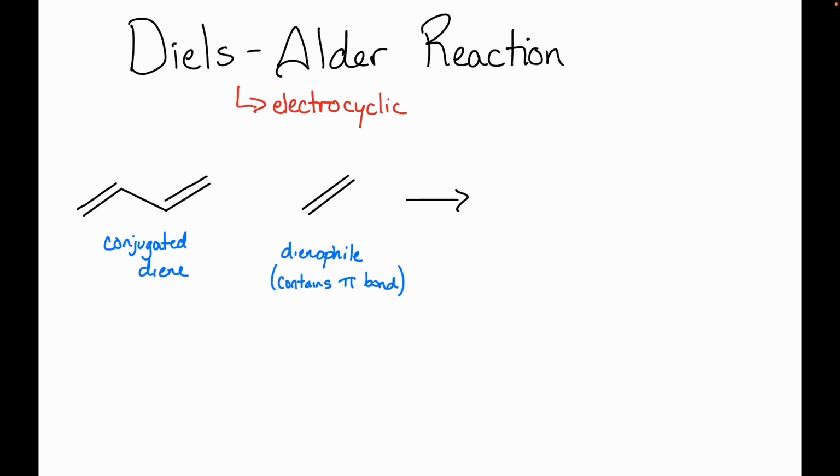But the product of these reactions is going to always be a six-membered ring containing at least one pi bond. So in our Diels-Alder reactions, over and over again, we're going to see the creation of this cyclohexene product.